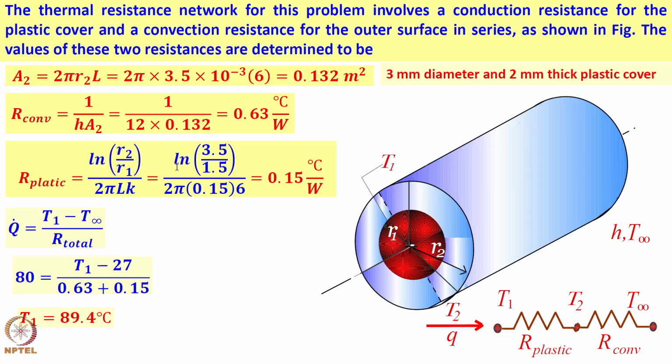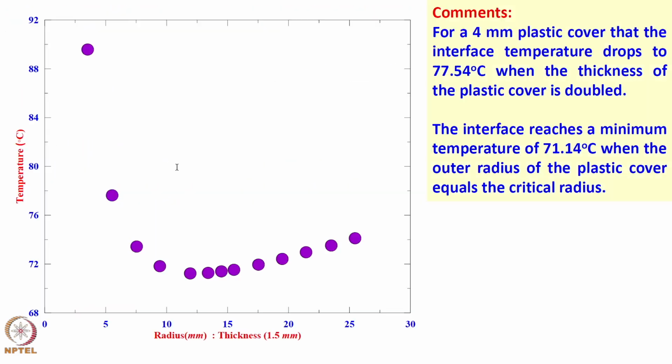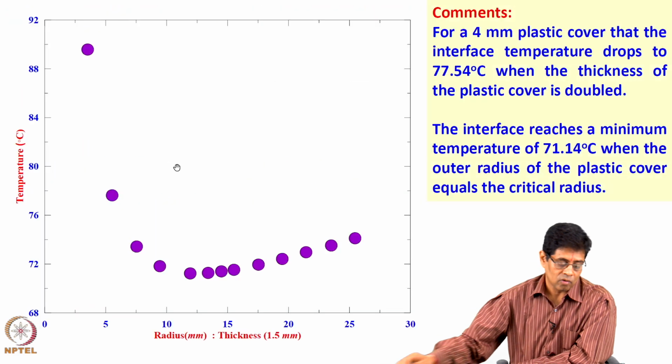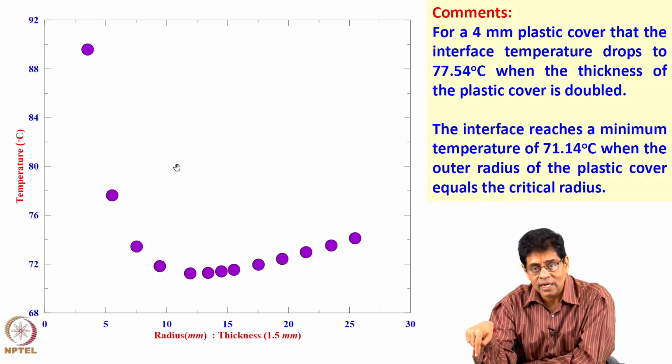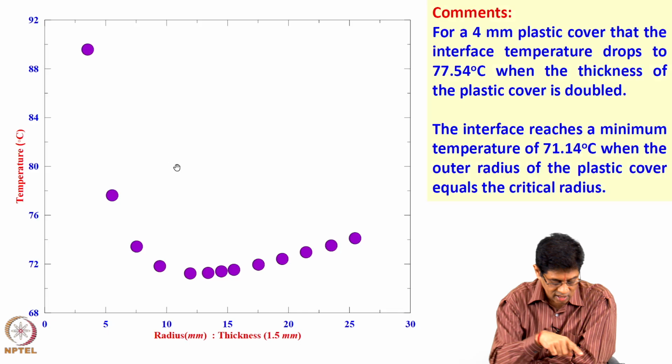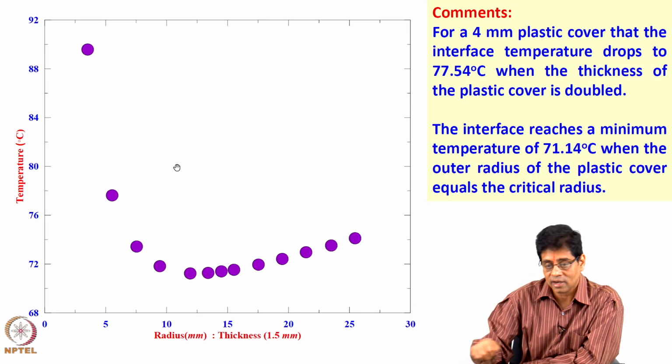So, radius is doubled, area will be doubled, appropriately R plastic would change, and therefore, Q is 80, you will get a new temperature. If you are at R critical, that would be a new radius, new R convection, new R plastic, new temperature. That is what is plotted here. If you do it for various R, again calculations have been done for R critical and double the radius. These are 2 points in this whole graph that is there.